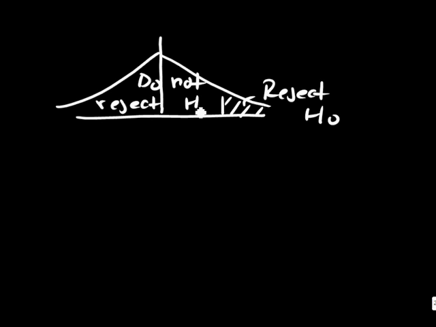We have a critical value. And in this question, the level of significance is 5%. So alpha is 5%. 5% is in our tail. That implies that this region is 45%. So working backwards in our z-table, we get a critical value of 1.645.